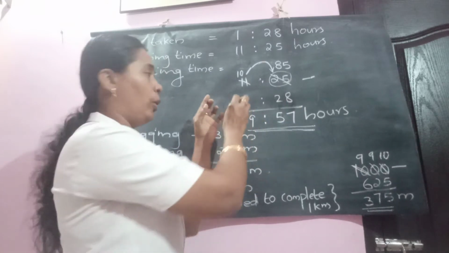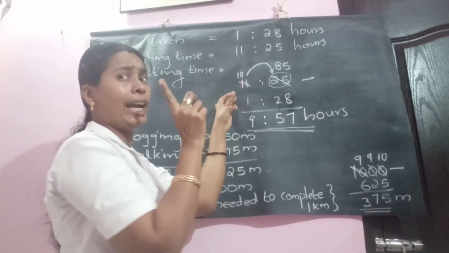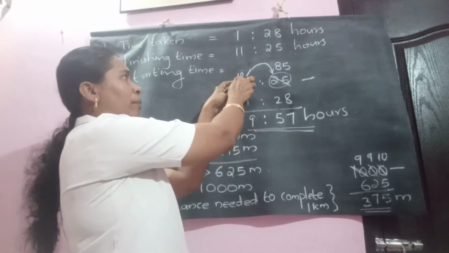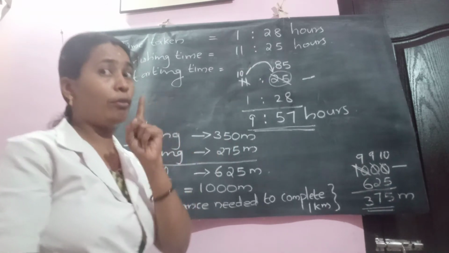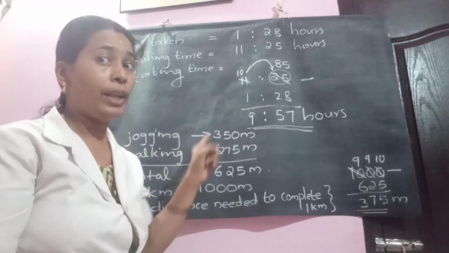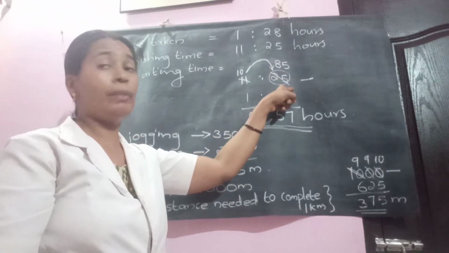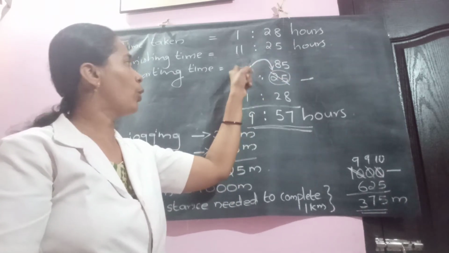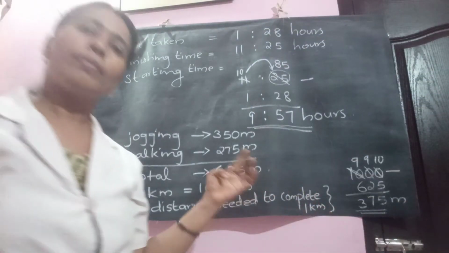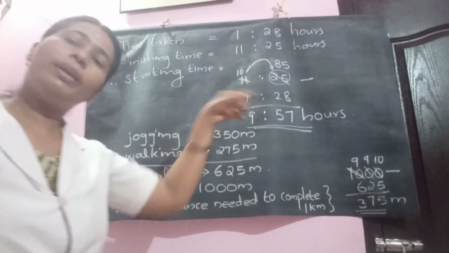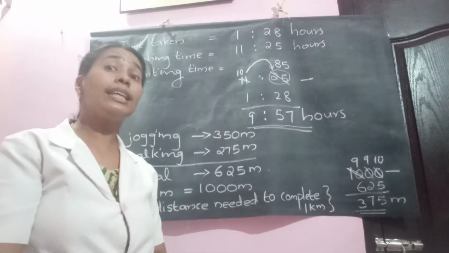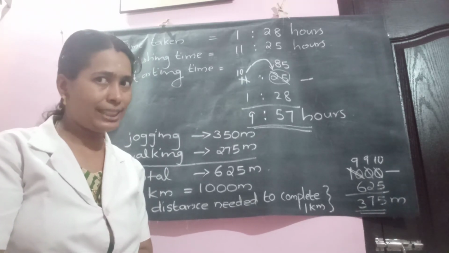So, when you are borrowing from 11, 1 has to be taken. So, 11 becomes 10 now. The teacher has taken 1 from which column? Hours column. And the teacher is moving it to which column? Minutes column. So, 1 hour equals how many minutes for us? 60 minutes for us, isn't it?